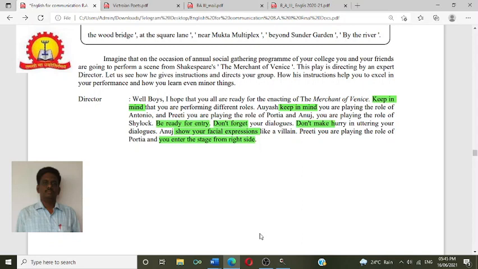You are not supposed to give different examples. We are supposed to memorize these expressions, internalize them and use them, and for that purpose we have to practice more and more.